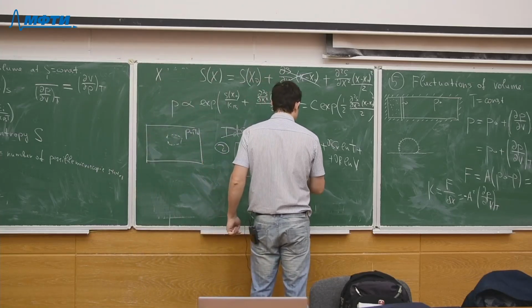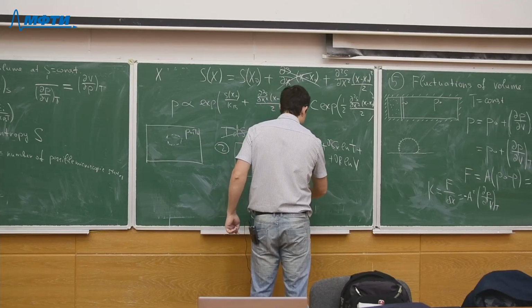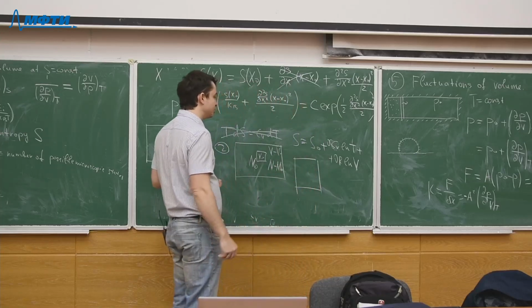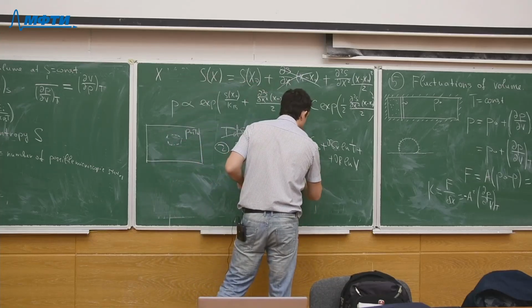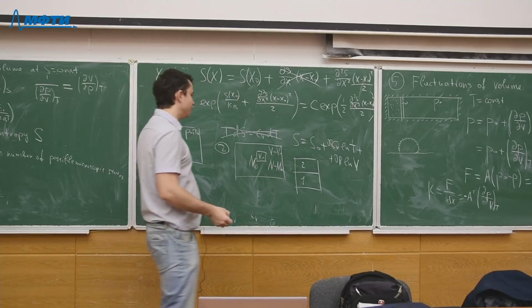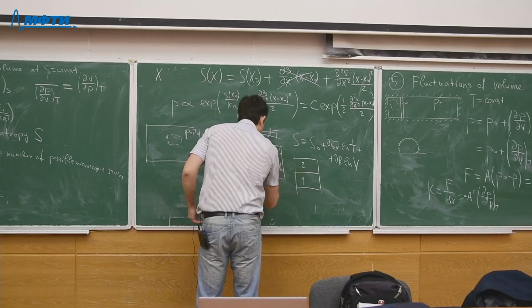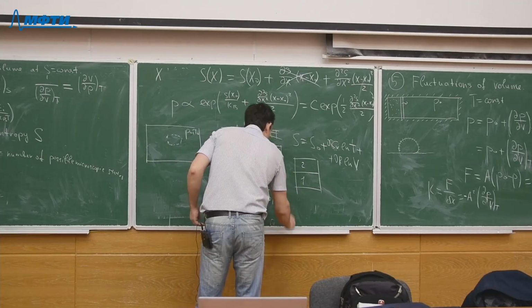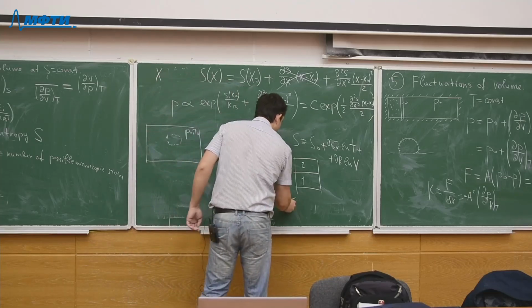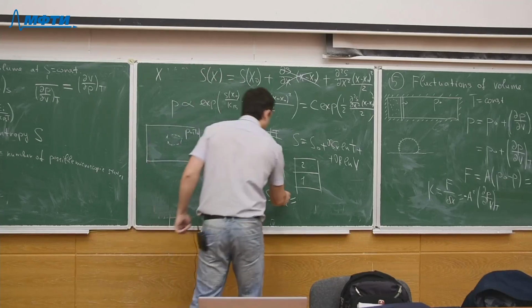So let's, for example, use the following procedure. We know that the entropy is an additive quantity. So if I separate my gas into two different volumes, then the entropy of these two volumes would be S1 plus S2. That's the additive quantity.